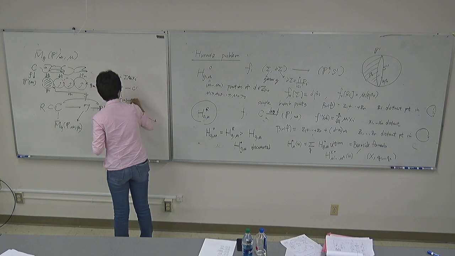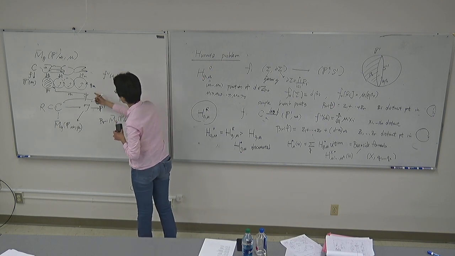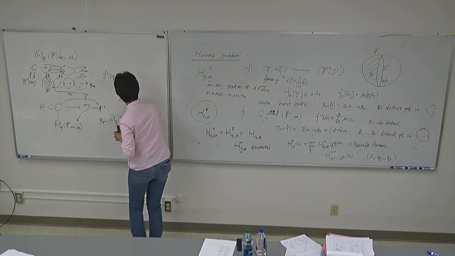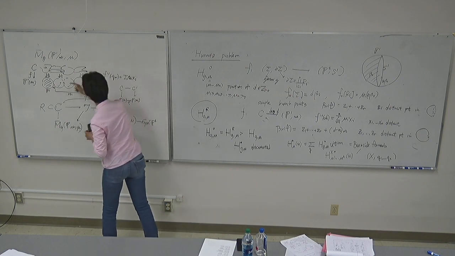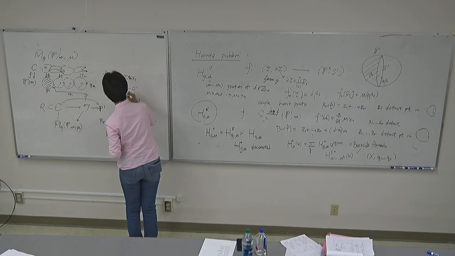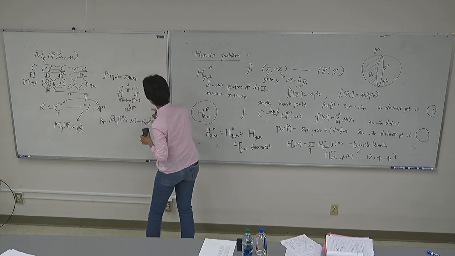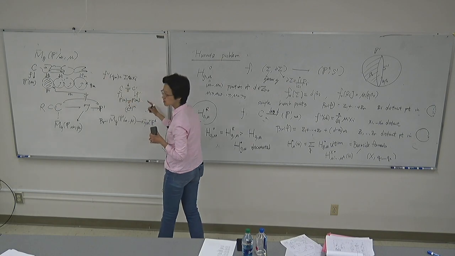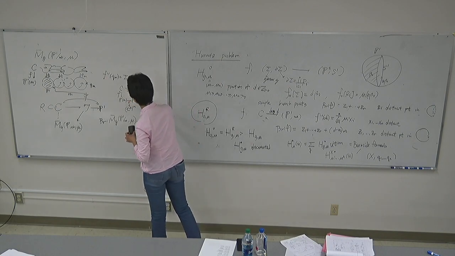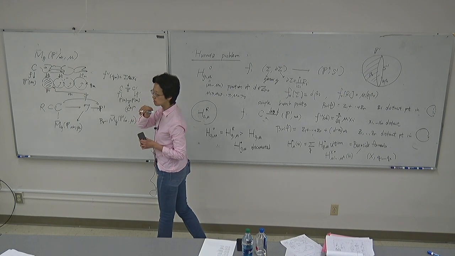Two such maps are isomorphic if first the target must have the same number of bubbles, and here you can mod out by C star M, and F and F prime, and this is the isomorphism of the domain fixing the mark points. So this is the isomorphism between two objects, and the stability condition is that the automorphism group is finite.